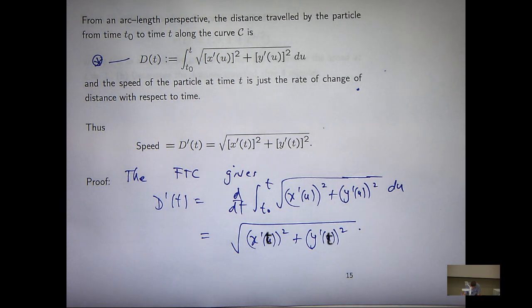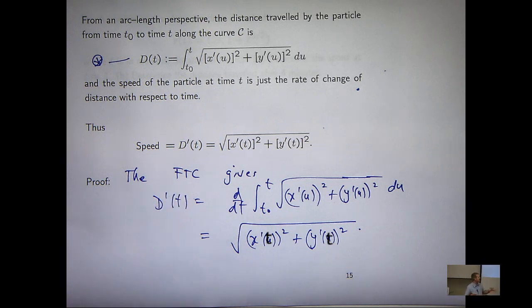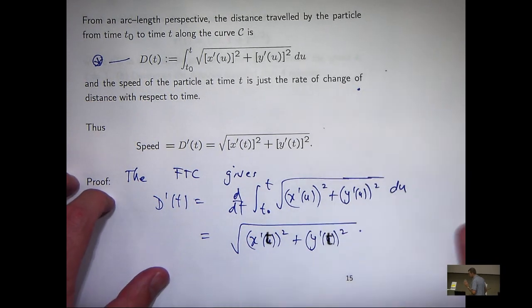But let's actually look at a problem where we can use these ideas. By FTC, I mean the fundamental theorem of calculus. So, something that you might get in an exam. The next example is a good example.